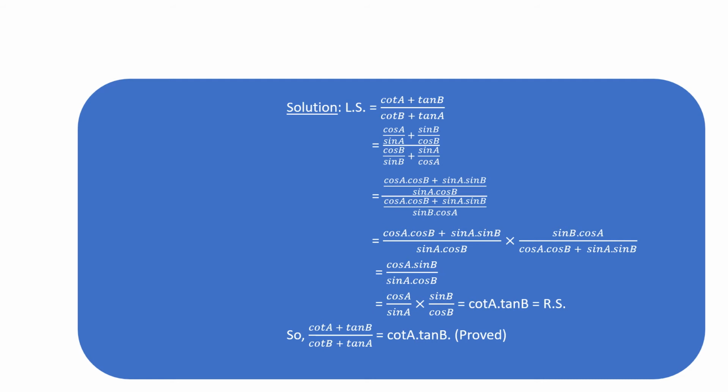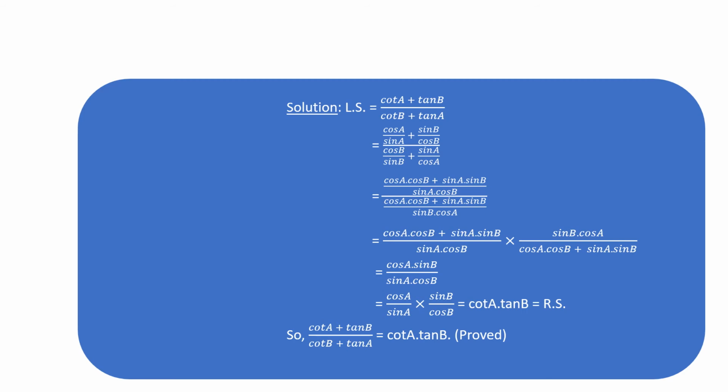We know cot A equals cos A by sin A and tan A equals sin A by cos A. Then cot A equals cos A by sin A, plus tan B equals sin B by cos B, divided by cot B equals cos B by sin B, plus tan A equals sin A by cos A.